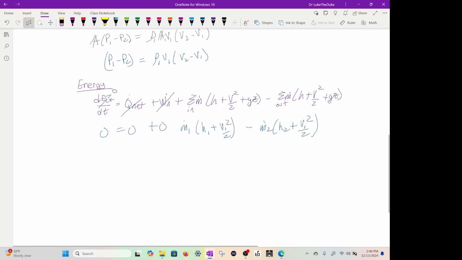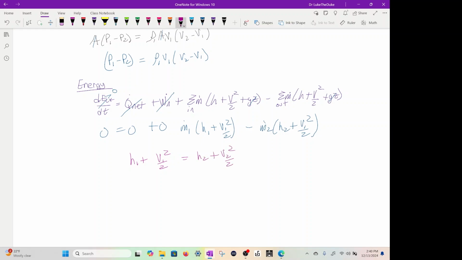Now, bringing that to the other side, the mass flow rates cancel because they're the same. You end up getting h1 plus V1 squared over 2 equals h2 plus V2 squared over 2.